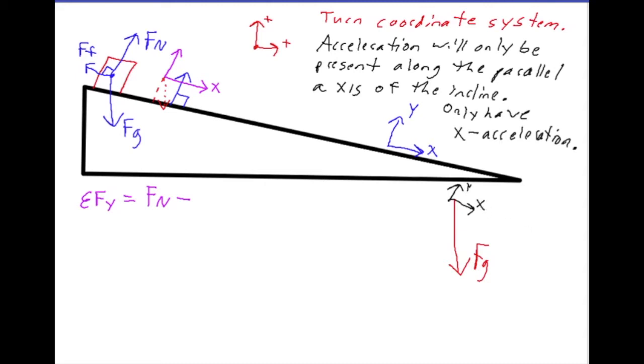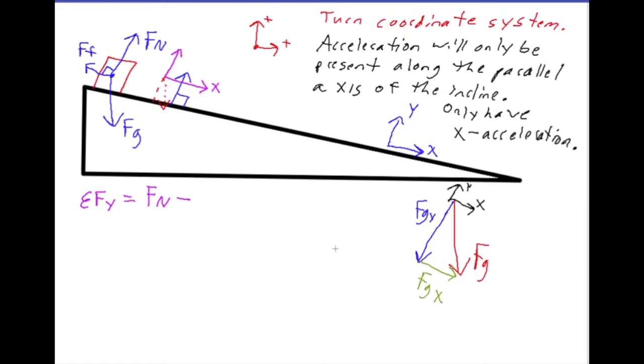If I were to split this up now, force gravity in the y is going to be parallel to the y direction here. So this would be force gravity in the y direction, or the y component of force gravity. And then force gravity in the x is going to be parallel to the x direction here. So this one down here would be force gravity in the x direction.